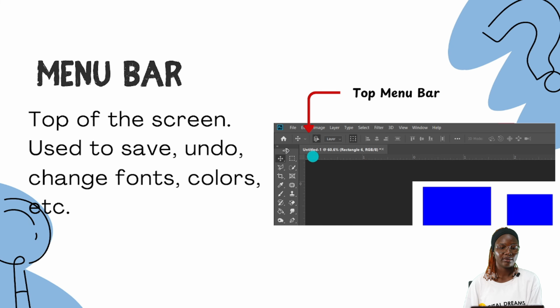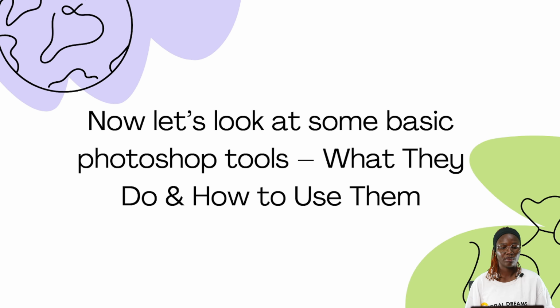Okay, then you have the menu bar, which is the top of the screen, used to save, undo, change fonts, colors, etc. In this menu bar, you see file, edit, image, layers, type, select, filter, 3D, view, windows, help, a lot of tools.